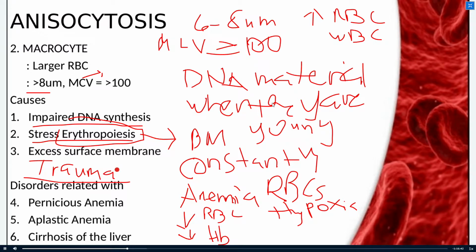When I say trauma, class, this could refer to injury or bleeding. So when you get injured or bleeding, you would have decreased RBC. And again, to compensate, the body would constantly produce RBCs.